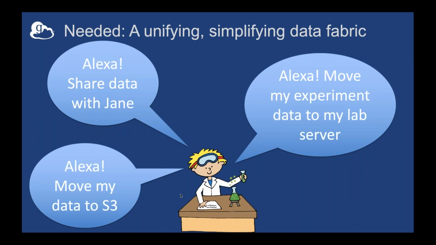So what we'd really like then is, if we were to use an Amazon analogy, a unifying, simplifying data fabric that would allow researchers to state, perhaps by speaking to someone, but at least by clicking a button on a web page, or by typing a command, share data with Jane, move my data to Amazon S3, move my experiment data to my lab server, without having to engage in any negotiation with any infrastructure providers, and with this occurring near the peak speed of the underlying network.